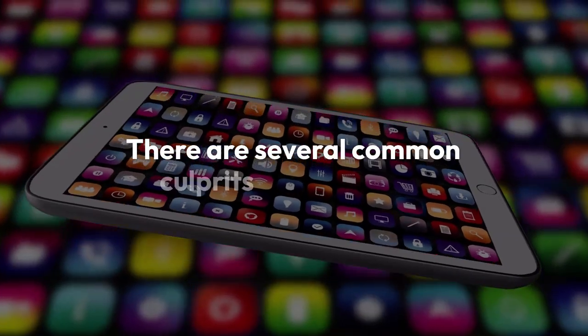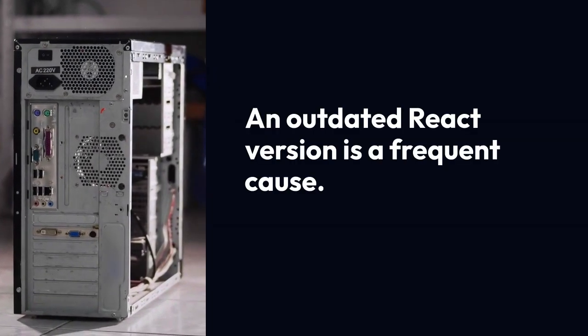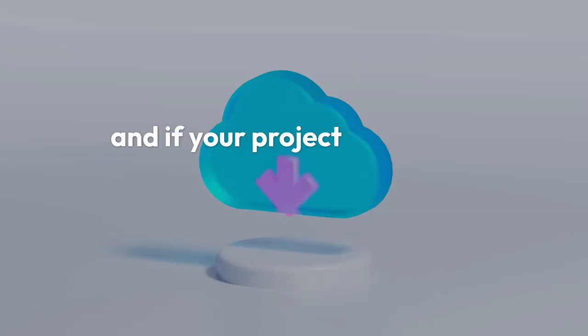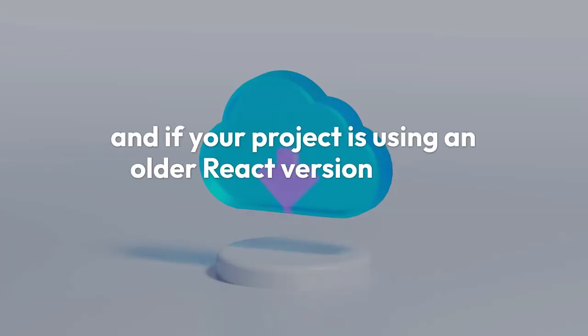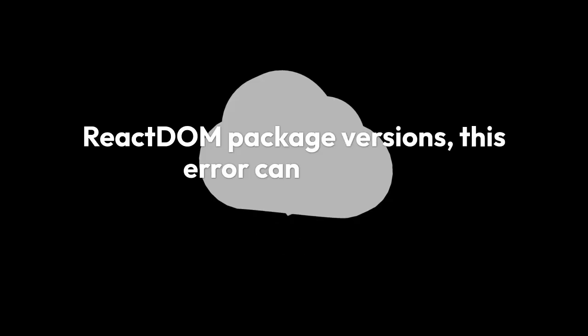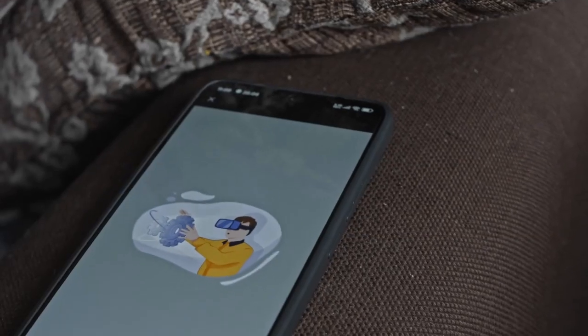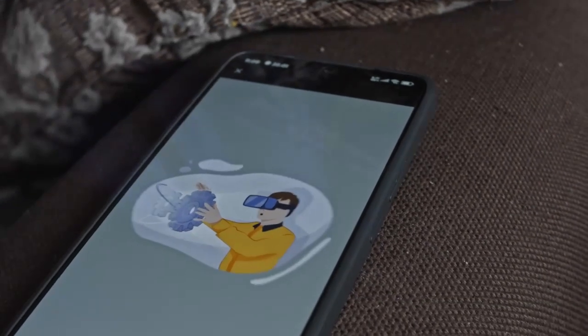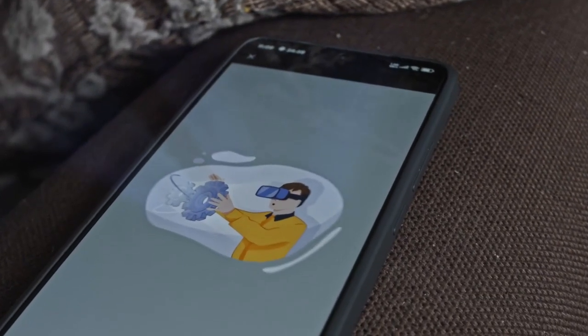There are several common culprits for this error. An outdated React version is a frequent cause. React 18 introduced new hooks and changes, and if your project is using an older React version or has mismatched React and React DOM package versions, this error can appear. For example, if your React package is at version 17 and React DOM is at version 18, you'll likely run into problems.